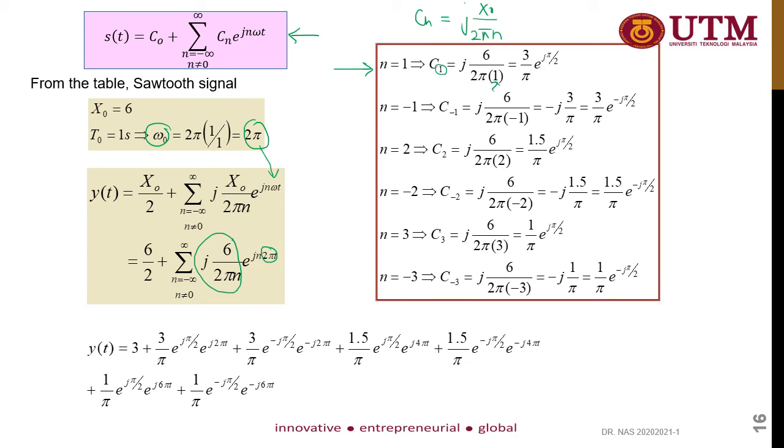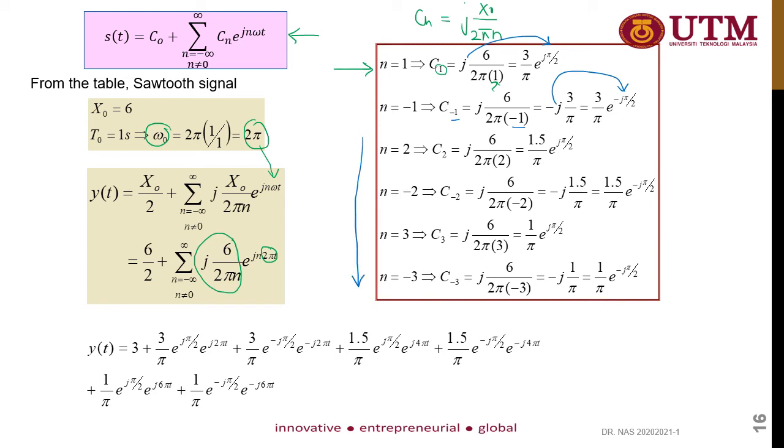So j, when you convert it, if you want to remove the j, it is basically equal to the phase shift of pi over 2. Okay, so go next for n equal to minus 1, replace n with minus 1. So again you have negative j, so you convert it into negative pi over 2. Okay, same goes to the rest of the n.